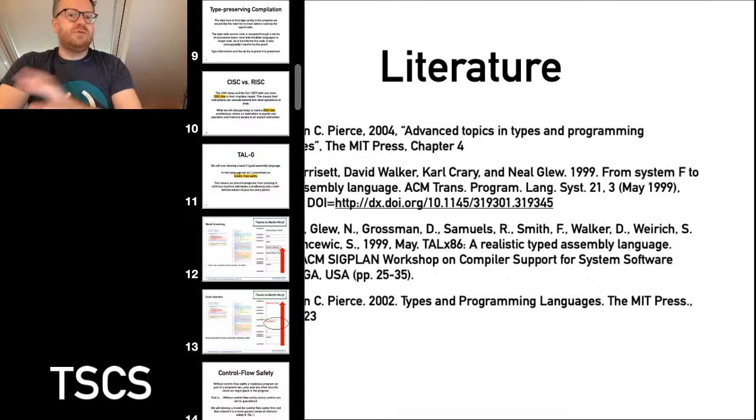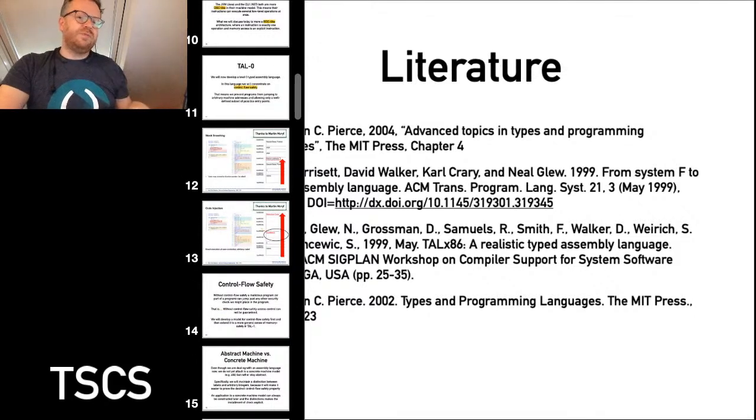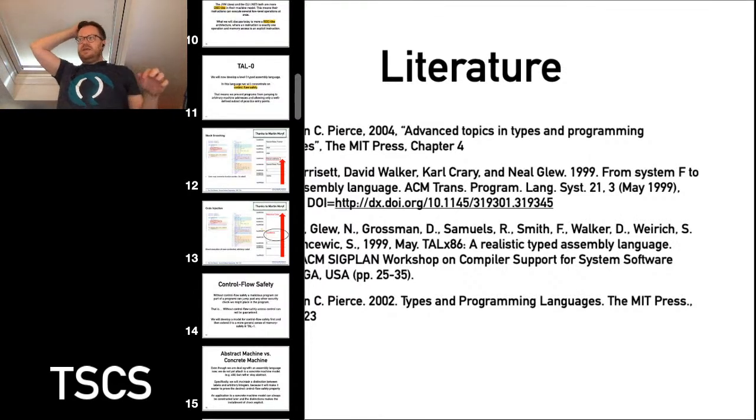I motivated TAL 1 and 0 also with return-oriented programming, and as a thing to prevent that maybe in practice. It has not been shown that it's actually practically applicable, but in a general sense it should actually work this way. In a sense, the idea of TAL 1 and 0 has influenced pretty much the design of Java bytecode.